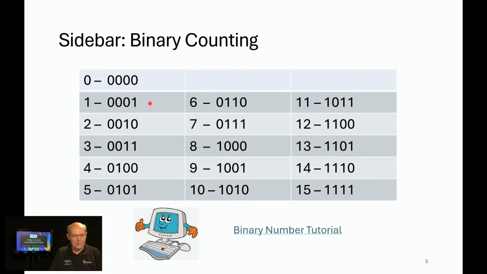And then the first number, which you could imagine would be 1, but since we only have ones and zeros, we now have to carry the 1 here, and that's what becomes number 2. So that process continues on all the way up to the number 15. This is just a simplified example. If this is something that you're interested in, there's a really excellent tutorial here that I'll refer you to. It's just a little sidebar. Everything has to be in ones and zeros to be in the digital domain.